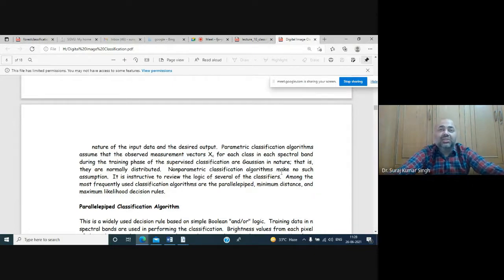Gaussian in nature means, as we have already studied, how Gaussian values look. The Gaussian values have a bell-like shape, where in one dimension the maximum reflectance is in the middle of your grayscale, and towards the edges it goes down.